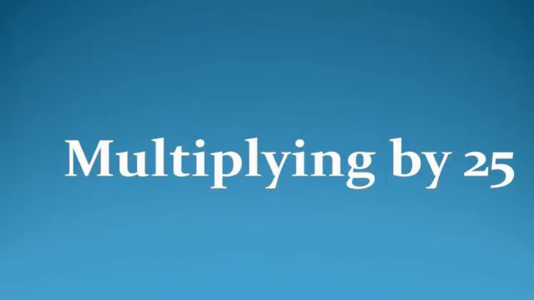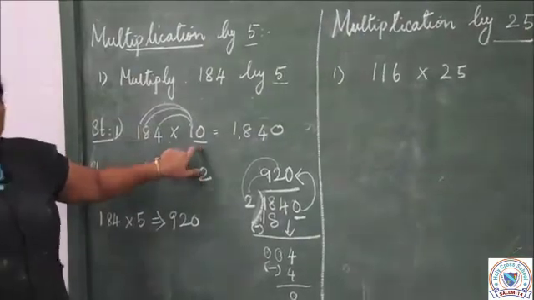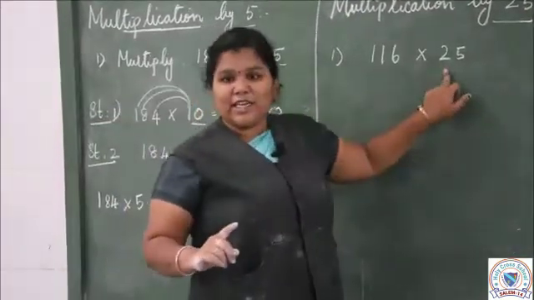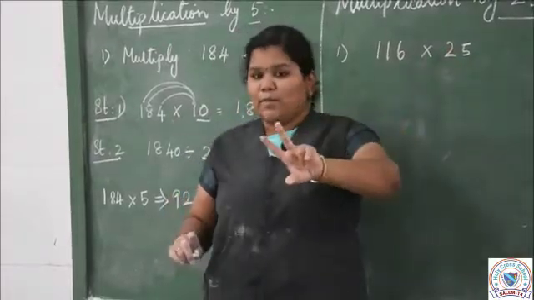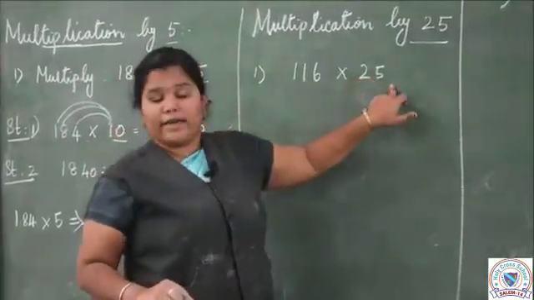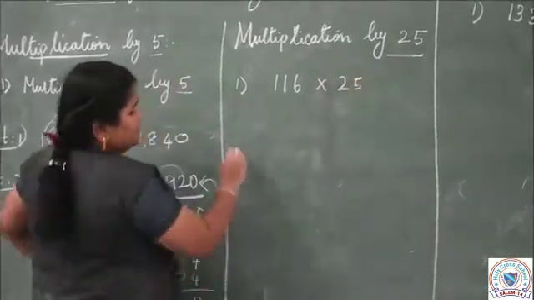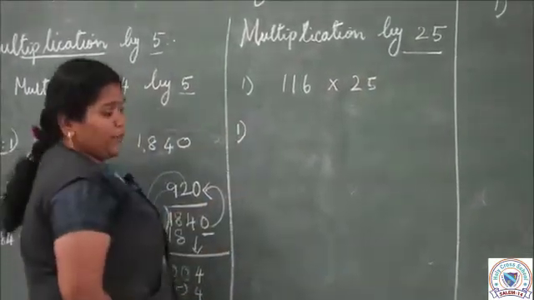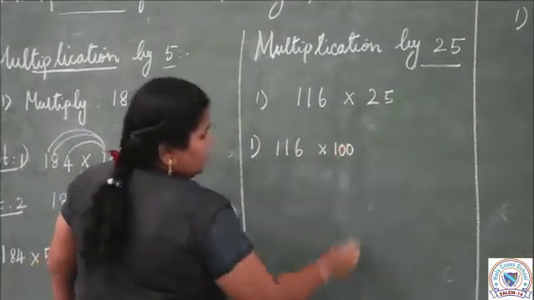The same way we are going to multiply by 25. Here 5 is a 1-digit number, so we took 10 to multiply. Here 25 is a 2-digit number. Since 25 is a 2-digit number, we will take 100, the nearest number for 25. You will take 100 and multiply. As a first step, 116 into 100.